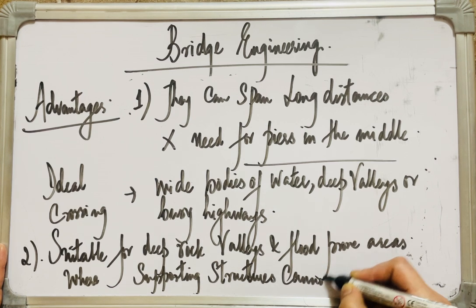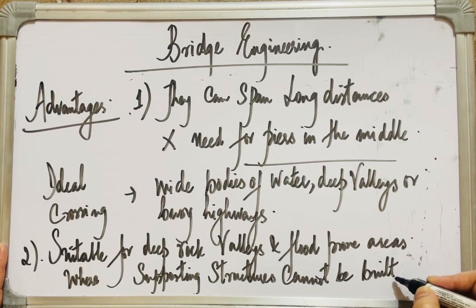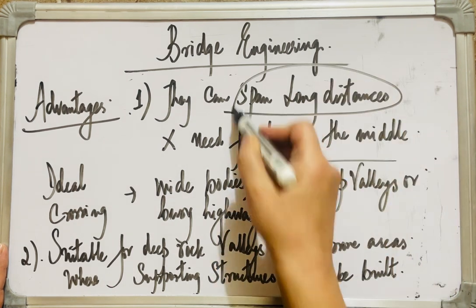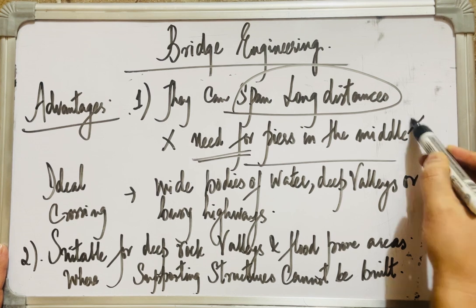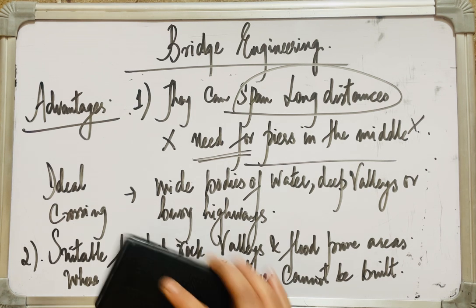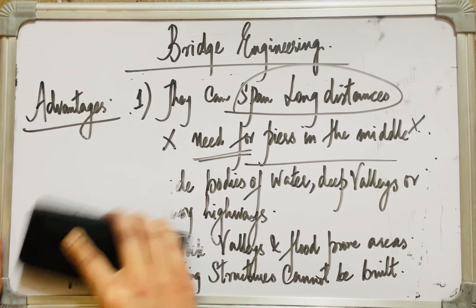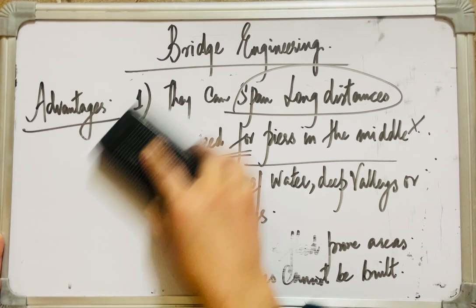All right, we discussed that they can span long distances without the need for the piers in the middle. That means in those areas where there are deep rock valleys and flood-prone areas and we cannot go for the construction of the piers, it makes them suitable for those areas because they have the capability of spanning long distances without the need for piers in the middle.